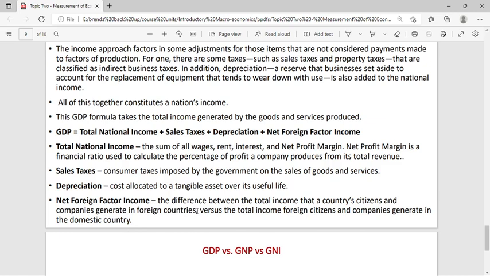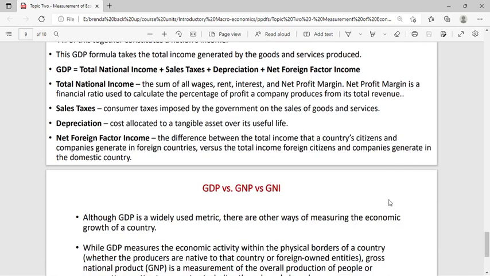So the income Ugandans earn from abroad versus the income that the foreigners we have in the country generate within the country. So the difference between the two gives the net foreign factor income. So meaning we have a surplus if what our nationals earn from abroad is more than what the foreigners generate within our country. So that is the net factor income.